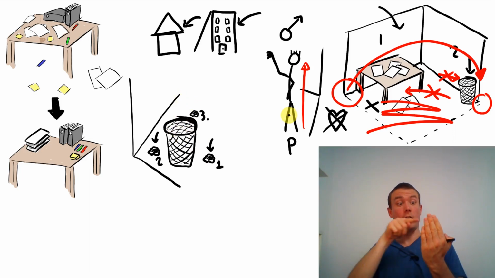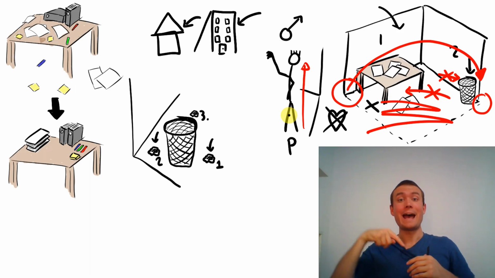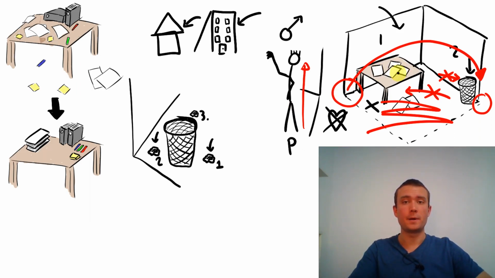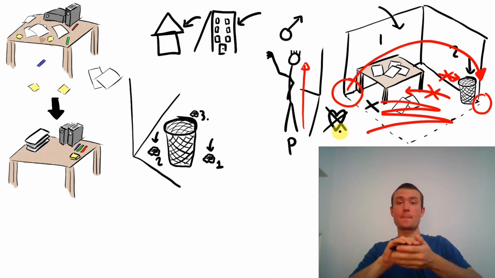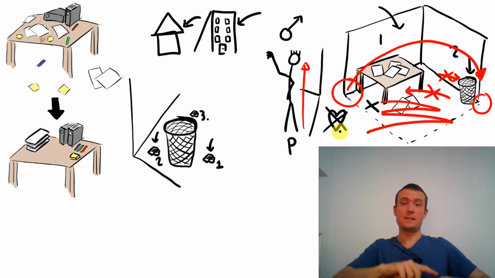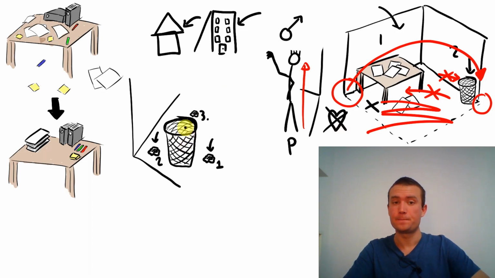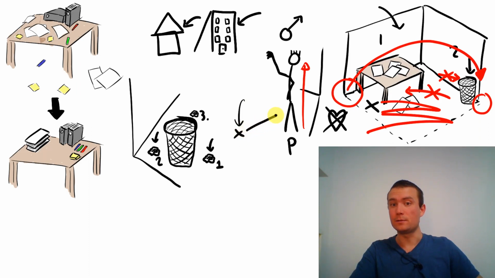Philip finds another piece of paper on his desk that he doesn't want. He scrunches it up and throws it towards the bin. Where does it land? The piece of paper lands here. In the middle between the bin and Philip.